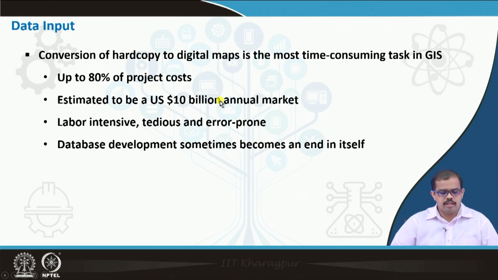Then database development sometimes becomes an end in itself, because it is not known how the database has to be created or how the data model has to be created.